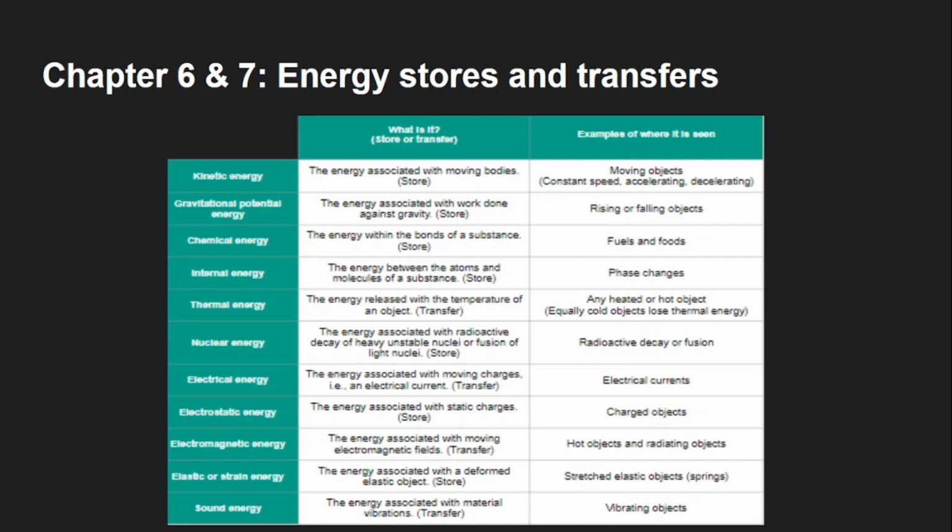Then you've got electromagnetic energy, which is the energy associated with moving electromagnetic fields. Again, this is something that we'll be looking at. Electromagnetic fields include light. They also include other types of electromagnetic radiation like UV rays, which come from the sun, and X-rays, which, if you have had an X-ray at some point in your life, you would know what they are. You've also got other types like radio waves and microwaves.